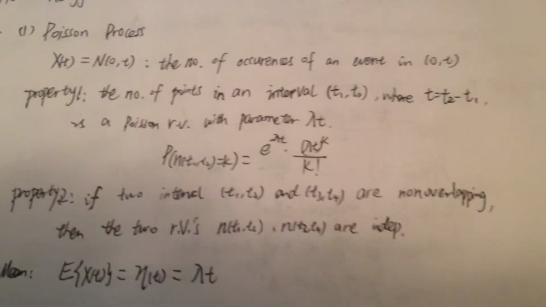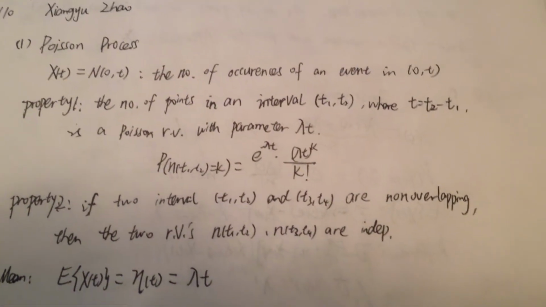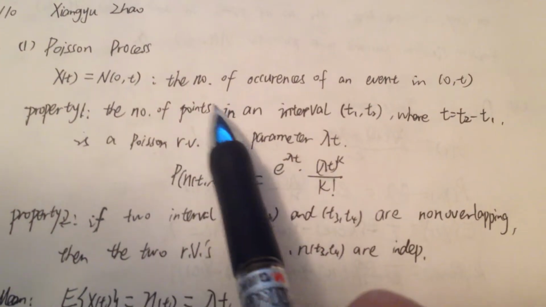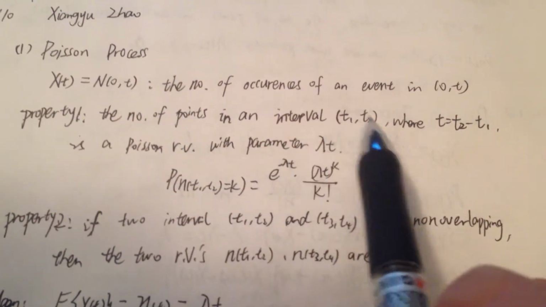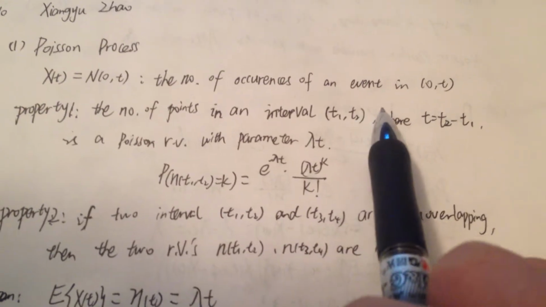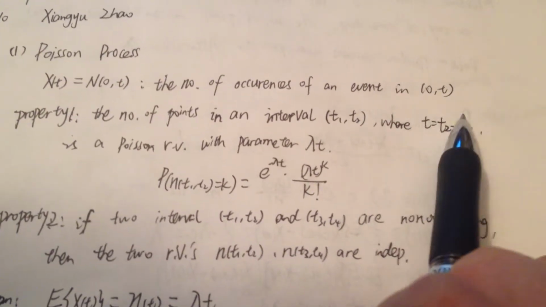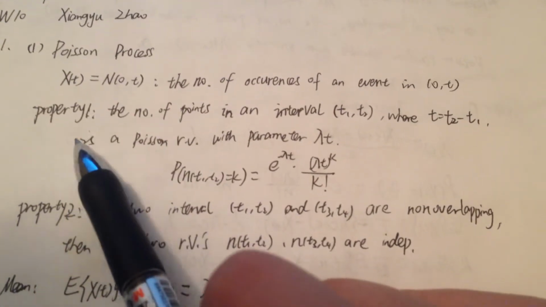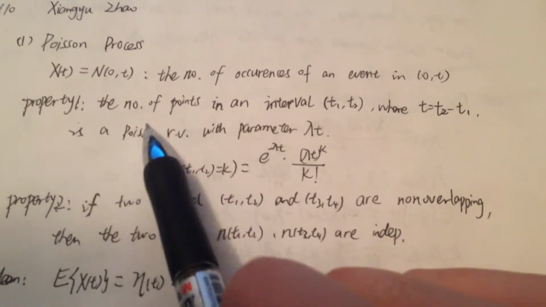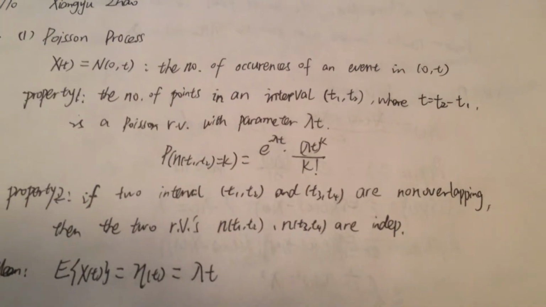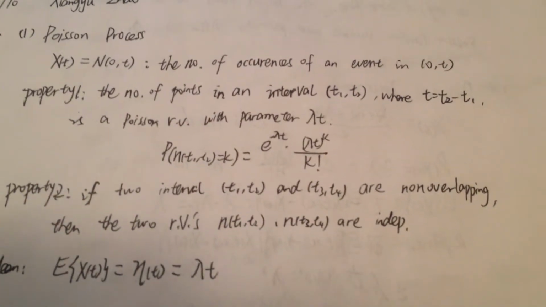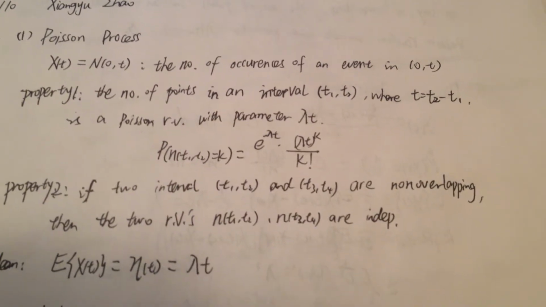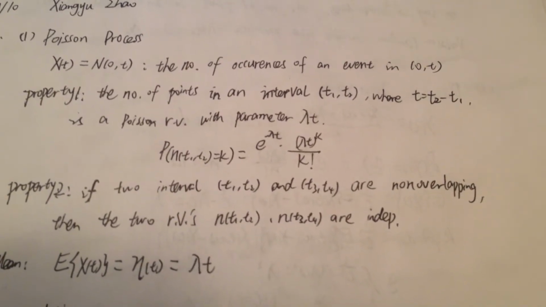About the Poisson process, we know that if X(t) denotes the number of occurrences of an event in the interval 0 to t, then the first property is the number of points in an interval t1 to t2 is a Poisson random variable with parameter lambda times t, where t equals t2 minus t1.